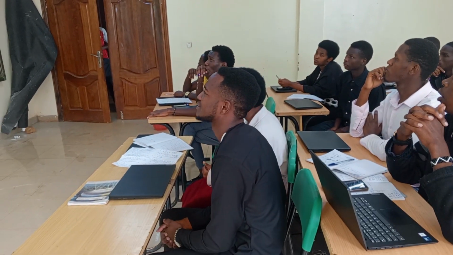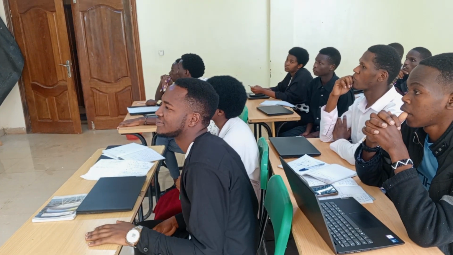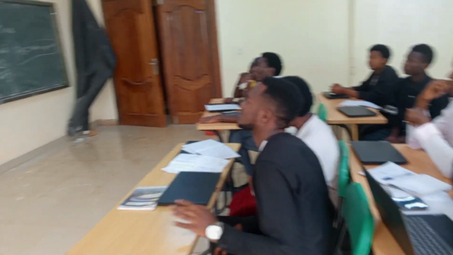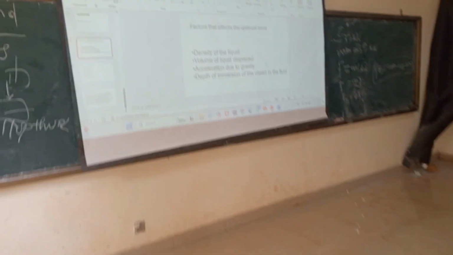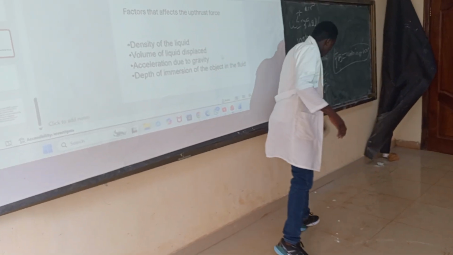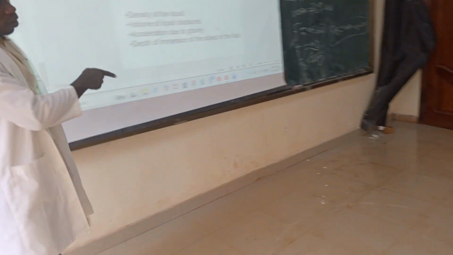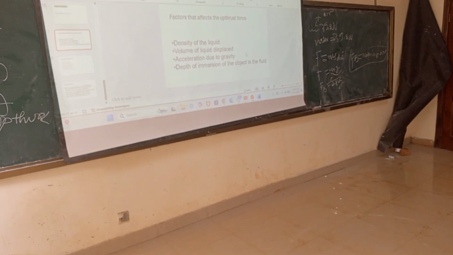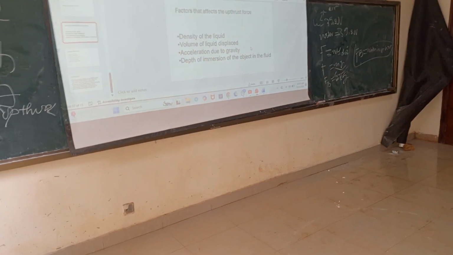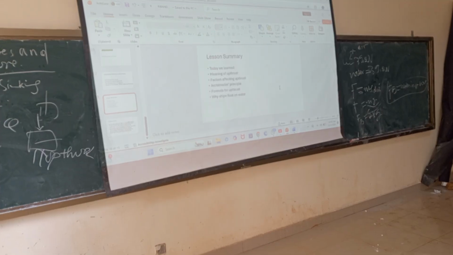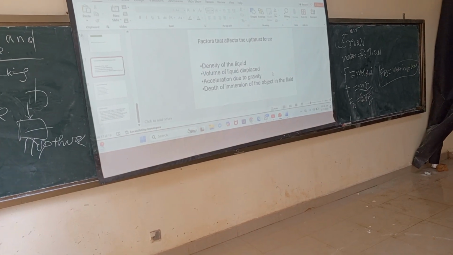Who can summarize? Before you summarize, you can see some factors that affect the upward force. The first one is the density. And the volume, and the acceleration due to gravity. And the depth of immersion of the object in the fluid. And then, who can summarize the lesson you have learned today?